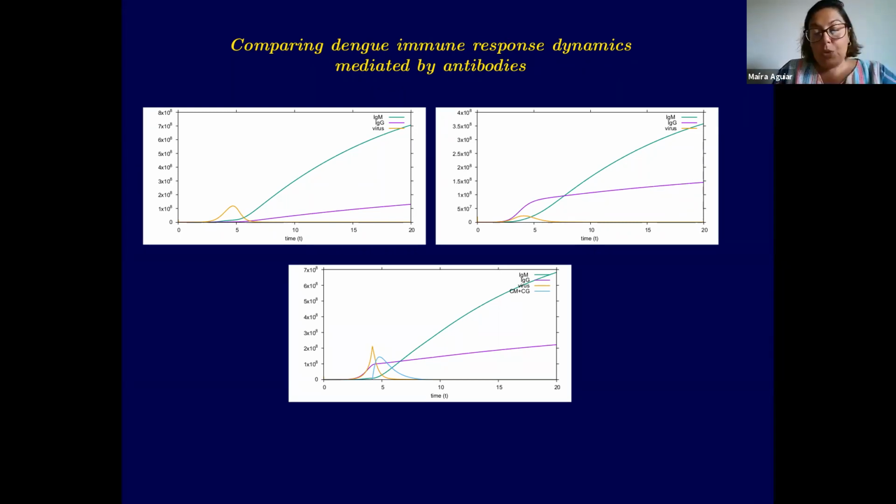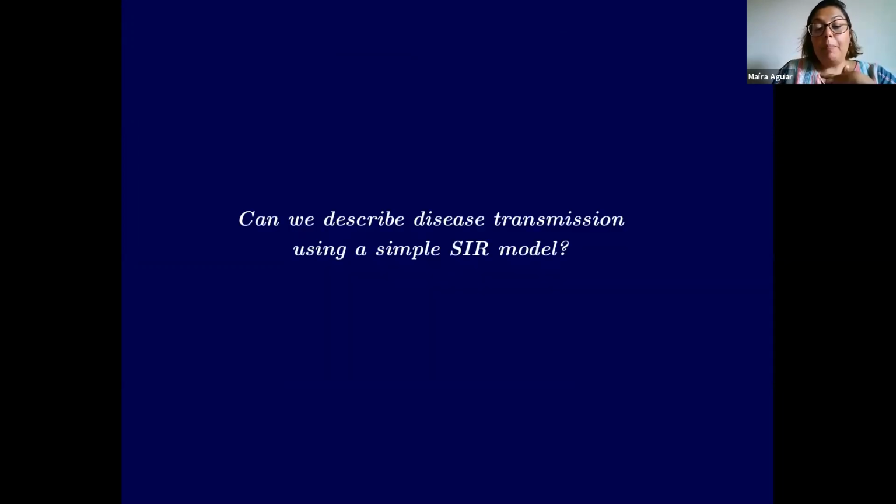Now, as I showed to you, we have several types of data. This is one type of data that allowed us to develop the so-called within-host model. And my question is, when I have incidence data, so number of cases, and in the case of dengue, these should be symptomatic cases, because asymptomatic ones we can never have this type of data unless we are following a cohort and following that population and testing them every day.